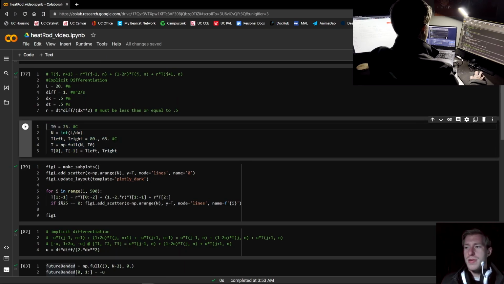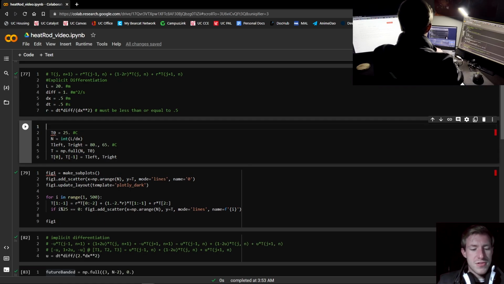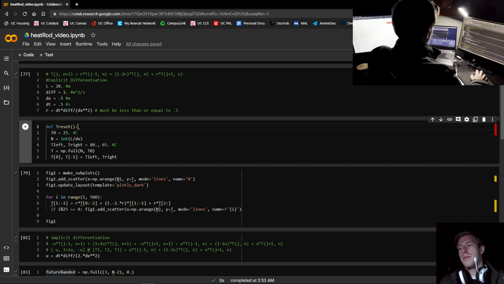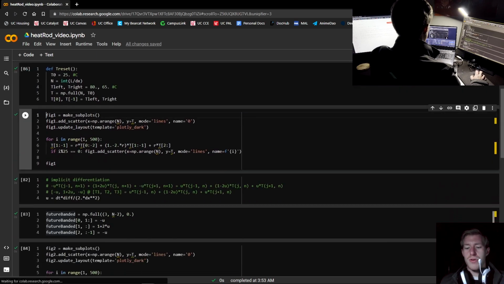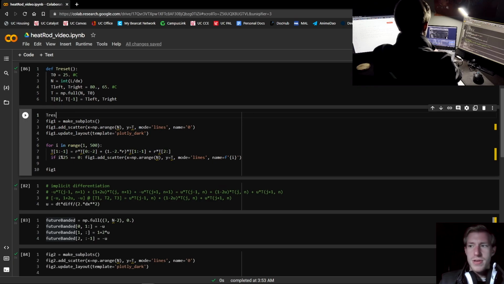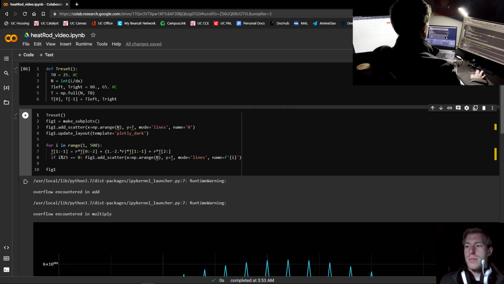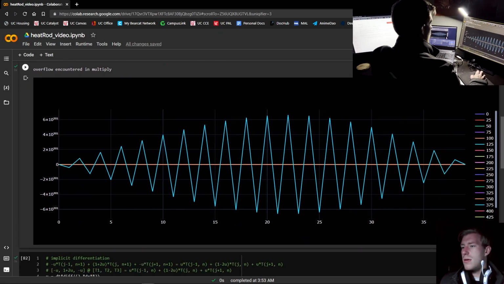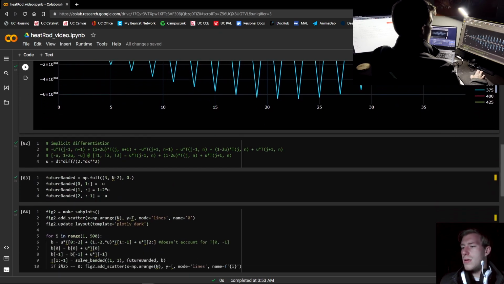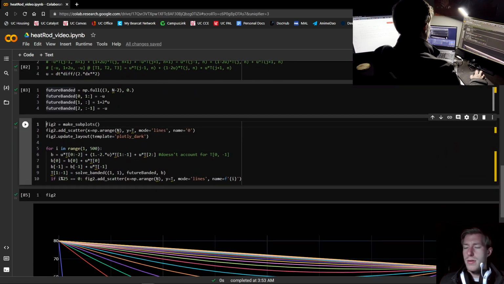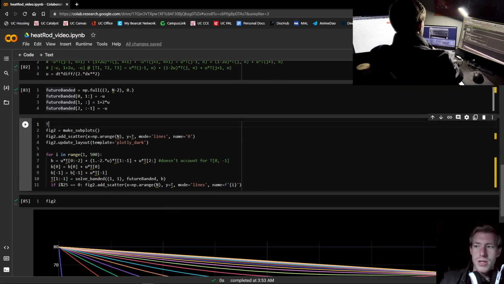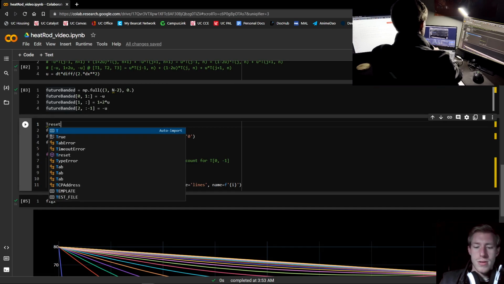I'm going to, because I'm so annoyed with how this is working, just define a new variable called t reset. And it's going to take in nothing, and it's going to do that. Or I can just throw that at the top here. T reset. I can throw it up here. T reset.